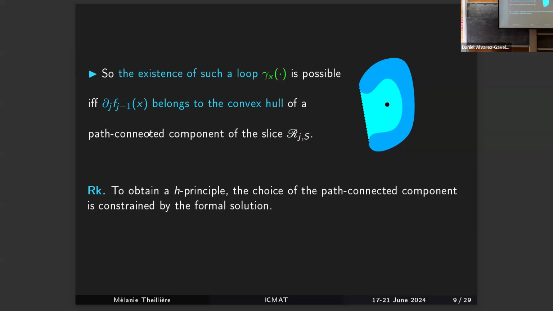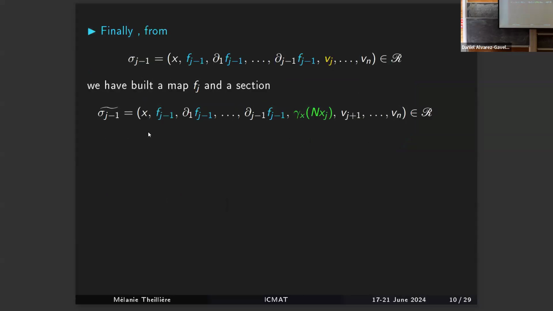So now we understand a bit more the condition of the loop and the condition of the relation. What we managed to do: we have a formal solution sigma_{j-1} with j minus 1 partial derivatives. We build a new formal solution.